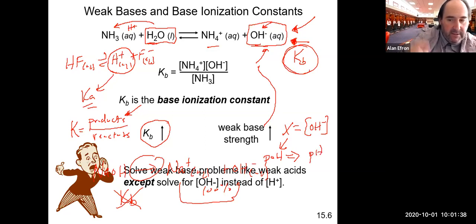There are a couple of additional steps with this one, because when you solve that ICE table, you are getting the hydroxide concentration and not the H plus concentration. So you can't directly calculate the pH from that X value, but you can usually get the pOH, then subtract it from 14 and get your pH. Any questions on that?